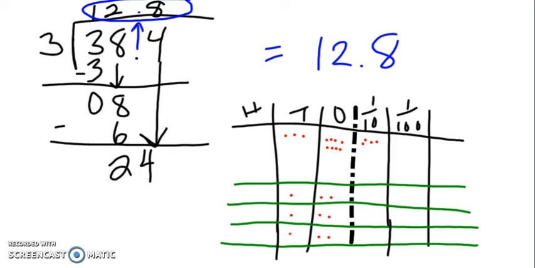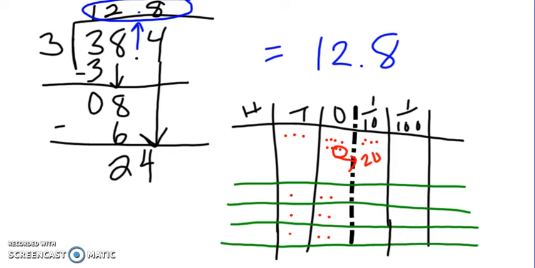So those 2 are going to move over now to the tenths place. And when they move over, each one will now turn into 10. So by moving 2, I will now have 20. I'm just going to write 20 instead of trying to draw 20 dots over there. I have 4 there already, plus the 20 that I just moved over.